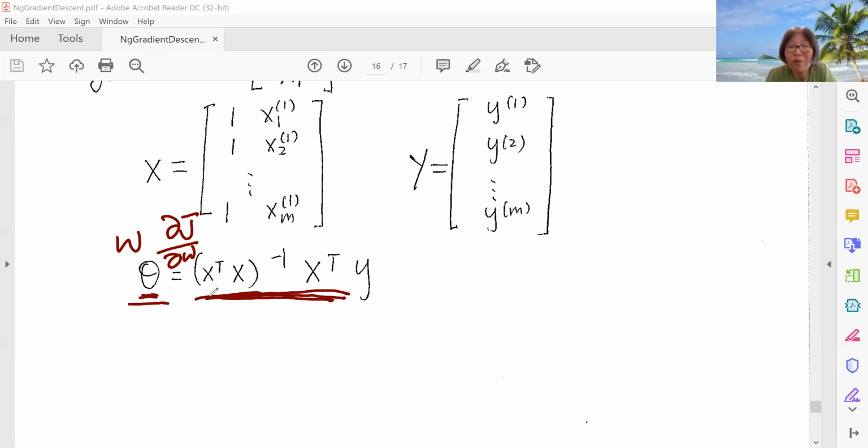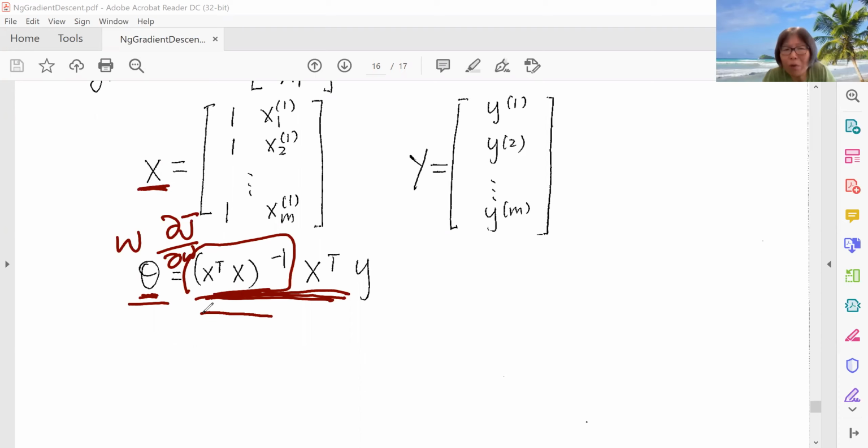For this part, it involves the inversion of a huge matrix, because the sample size of this X matrix can be huge, maybe tens of thousands or millions of samples. The number of features can also be very large. Later on, we will see that for images, the feature size is also quite large.